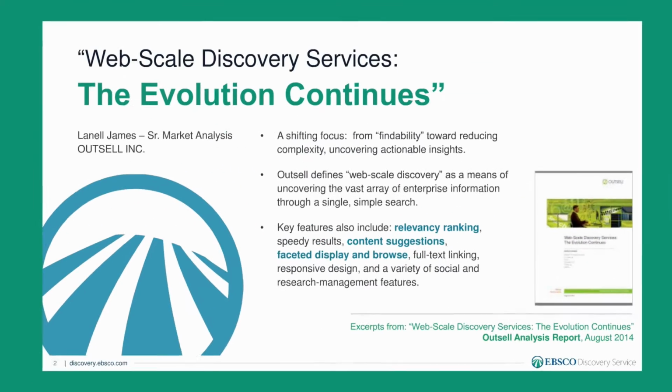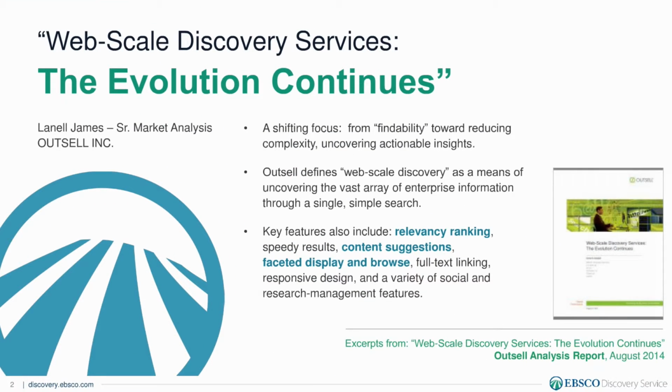This is from a 2014 analyst report that Outsell published, where they really show the differentiators with a discovery platform like EBSCO Discovery Service in its ability to give you relevancy ranking, content suggestions, as well as this faceted display and browse capability. Again, these are things that you're not going to find in a platform like Google.